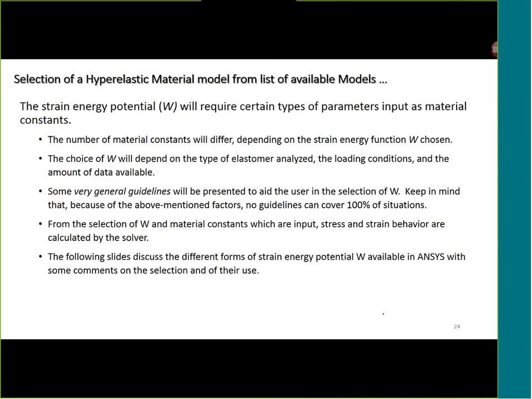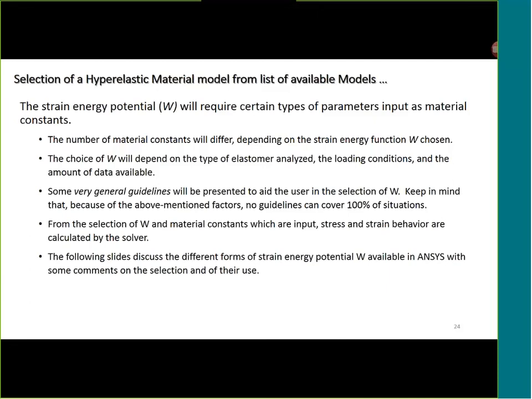So when you choose a particular strain energy potential function, the number of material constants you need to find or derive from the test data depends on what strain energy potential is being chosen. And what we are going to do in this presentation is go through different strain energy potentials or different hyperelastic material models.